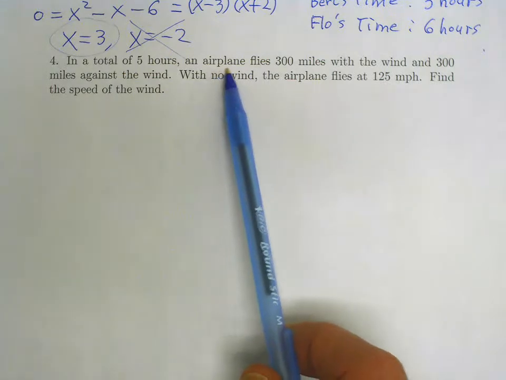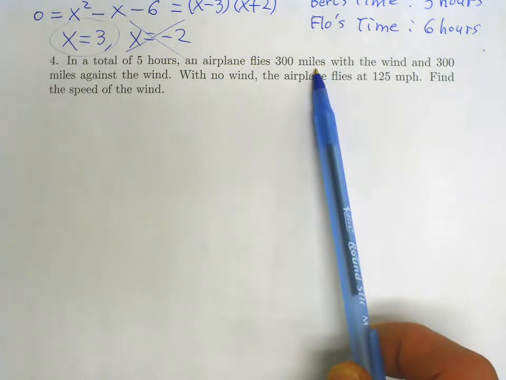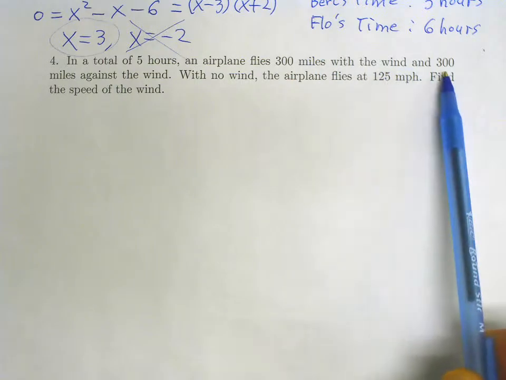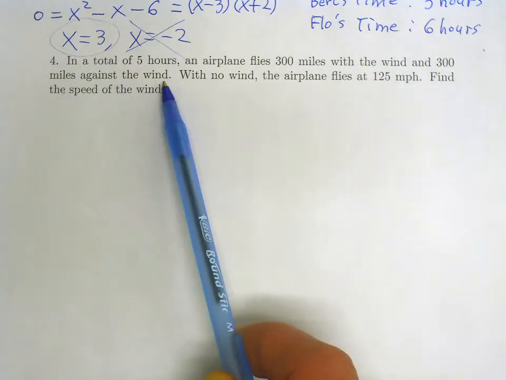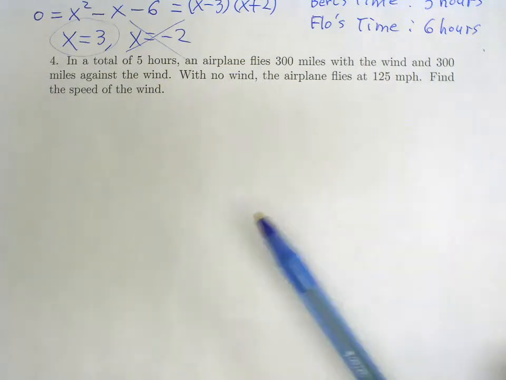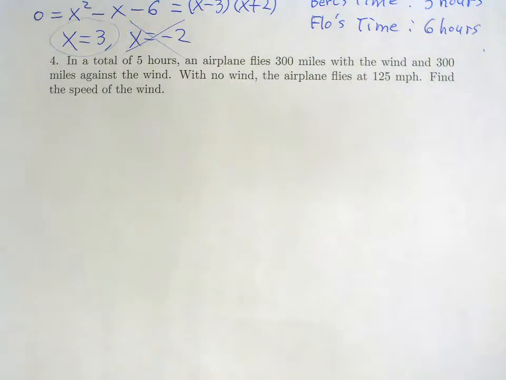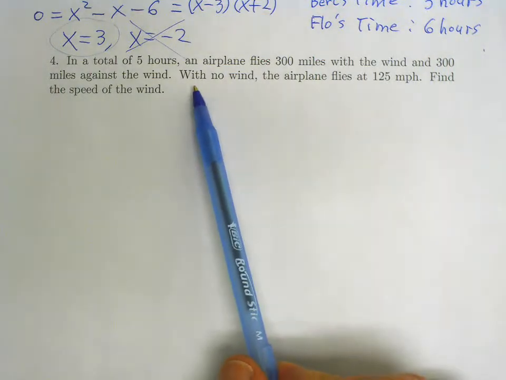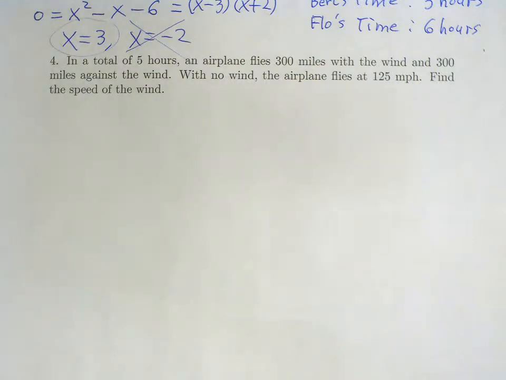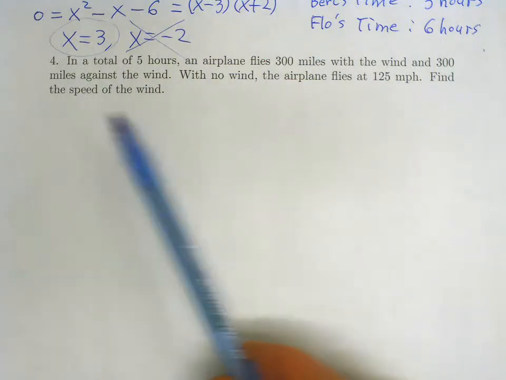The airplane flew 300 miles with the wind, and then after that flew 300 miles against the wind, and the total amount of time to fly those 600 miles was 5 hours. With no wind, the airplane flies at 125 miles per hour. So find the speed of the wind.